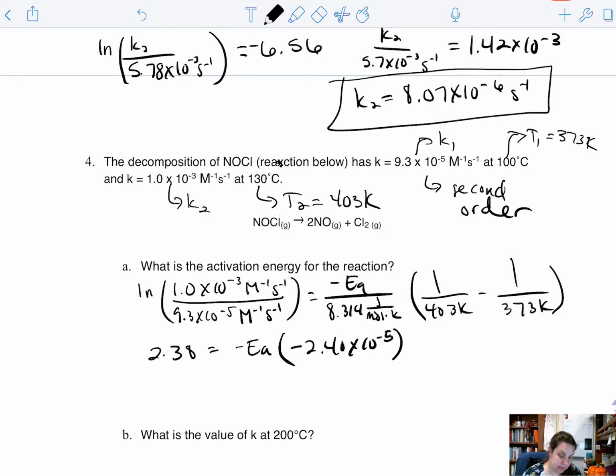Divide both sides by 2.40 times 10 to the negative 5. And I get EA equal to 99.1 kilojoules per mole.